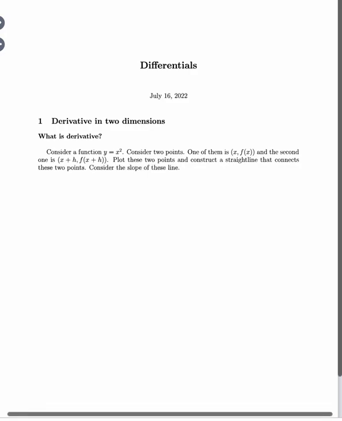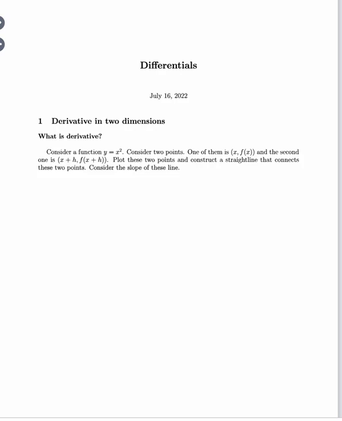The slope of this line by rise over run will be delta y over delta x, which is just equal to f of x plus h minus f of x, and the entire thing divided by x plus h minus x, which is just equal to f of x plus h minus f of x, the entire thing divided by h.